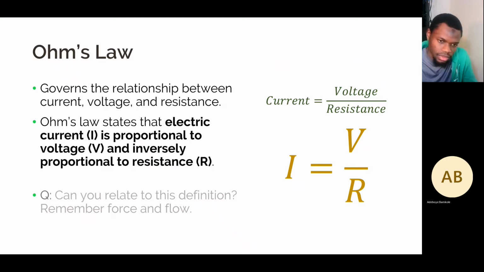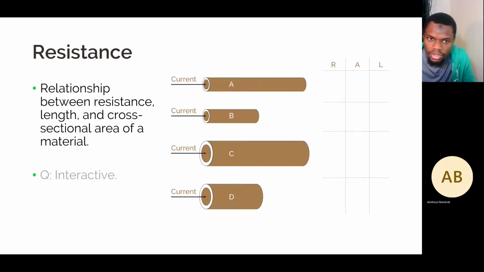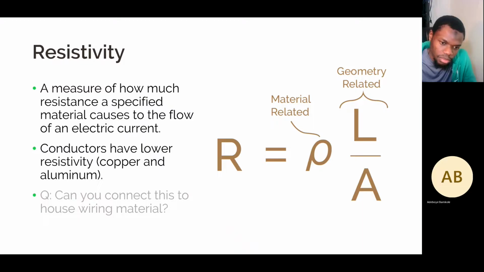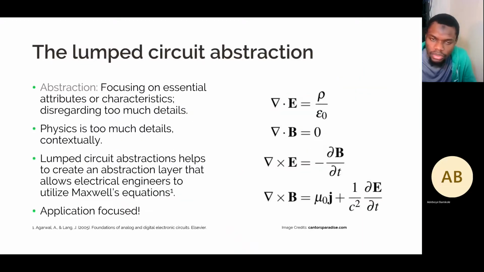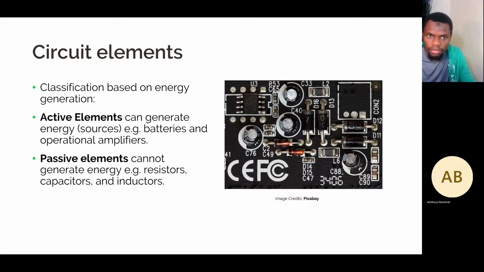Then Ohm's law is the theory that relates resistance to voltage and current, and these are very basic things, for people that don't really have an electronics background. This is also some basic theory.